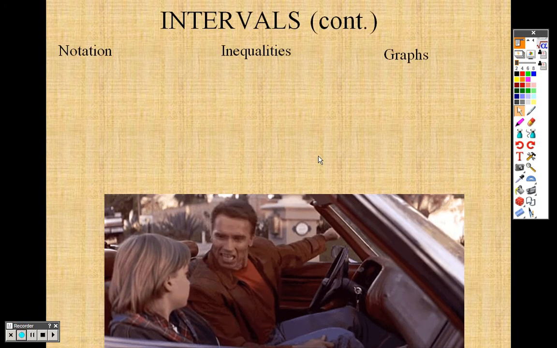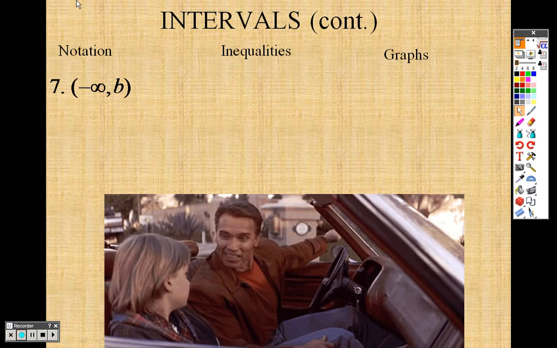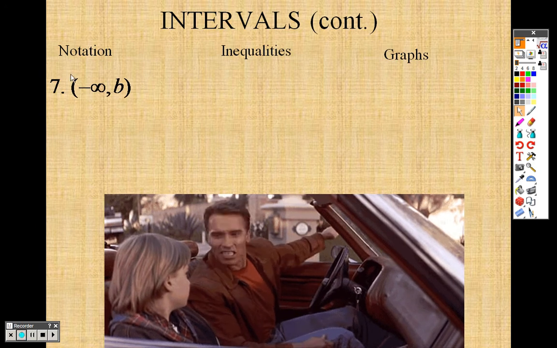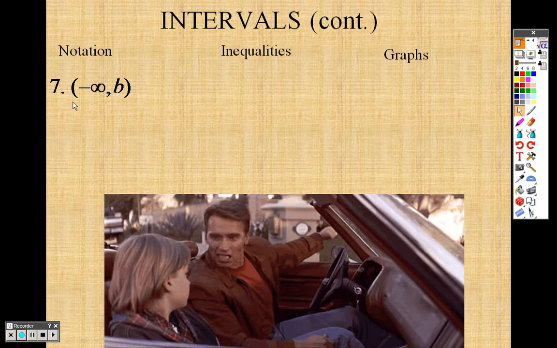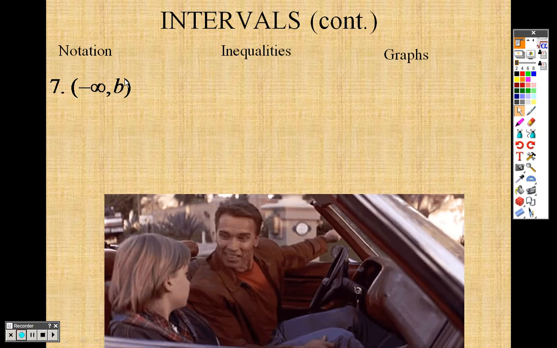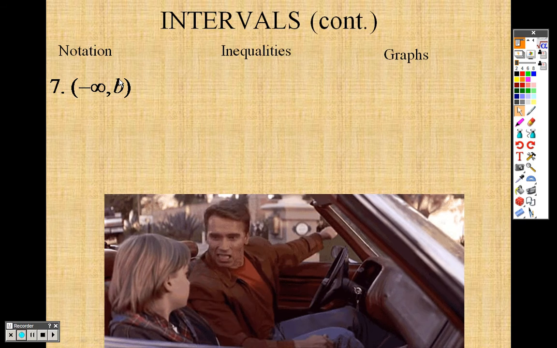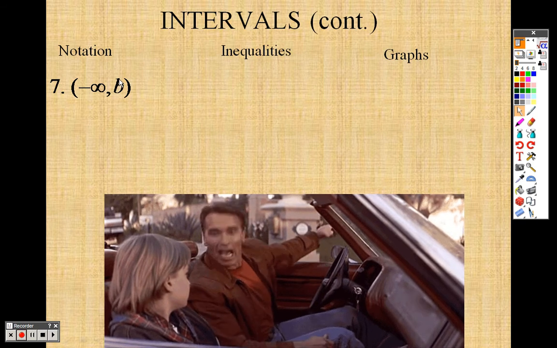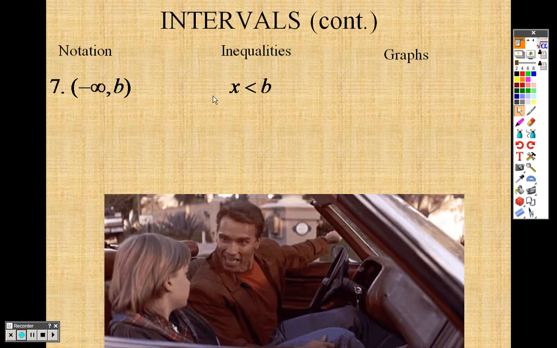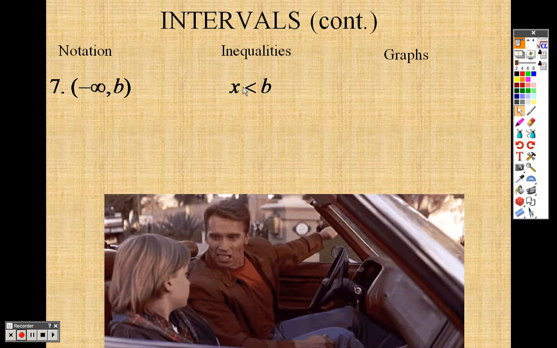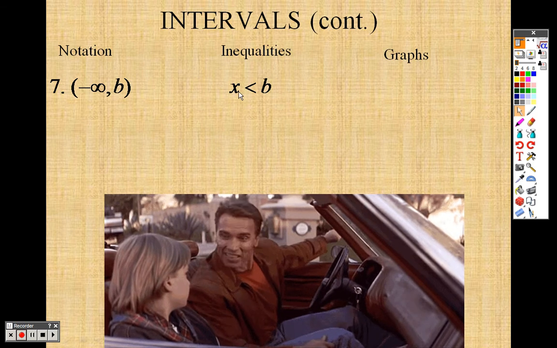So continuing our notation and graphs here, now you could also have negative infinity, and because it's negative infinity, that is a curved bracket. And B is a curved bracket because it means it doesn't include the point. So what we're saying is it's either going to be a less than or a greater than sign. And here we have that it's less than B. So x is less than B. So what that means is whatever B is, it's everything less than that, everything to the left of it, like an arrow.